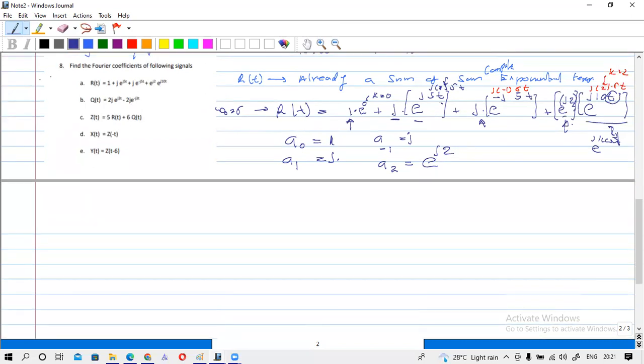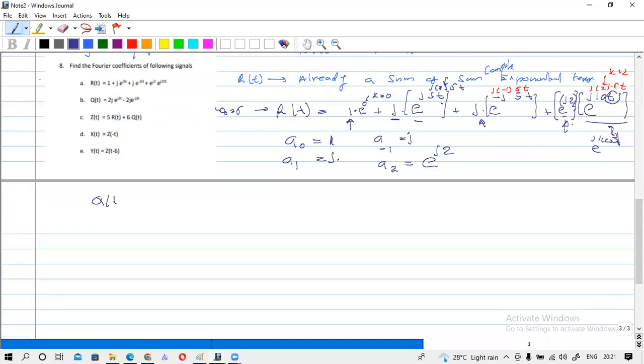And we are given another signal, that is q of t. q of t is equal to 2j e^(j3t) minus 2j e^(minus j3t). So the lowest angular frequency is 3.